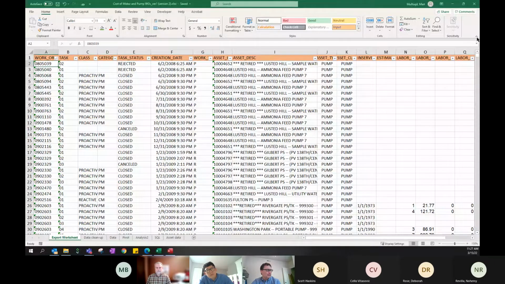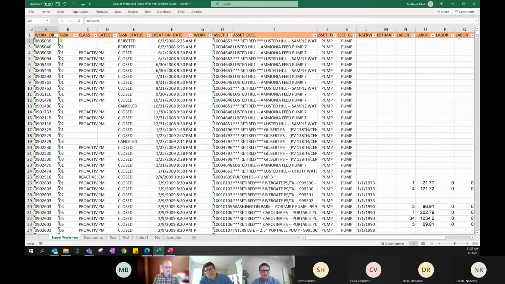So let me share this Excel file. I assume you can see it. Yes. Okay, thank you, Scott. So this is the data I got extracted with the help of our database administrator from Oracle VAM, which is our current CMMS. I asked for information only for pumps and pump motors, as we have an asset type designation and an asset class designation that helps us filter that out initially.